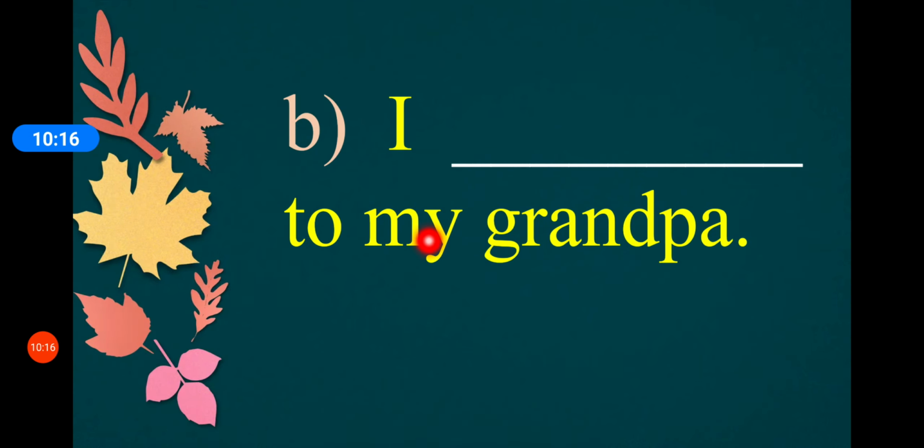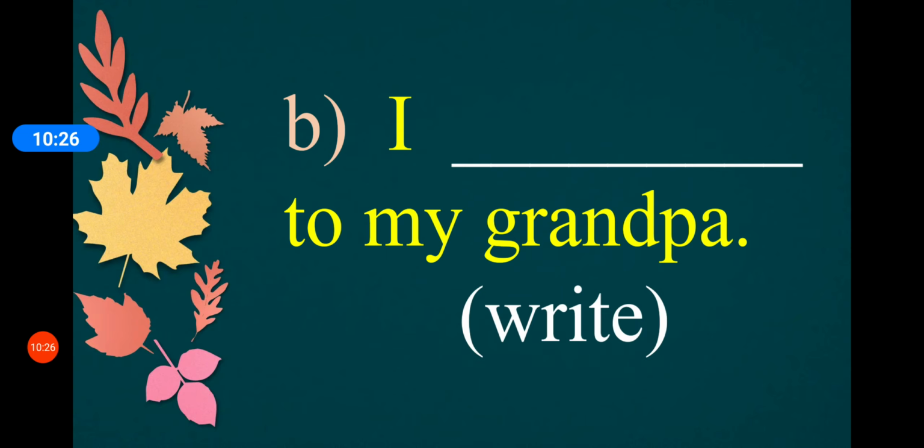Okay. The next one is I dash to my grandpa. And the verb that is given to us is write. So first of all, we have to take a note of the subject. The subject over here is I. So with I, which helping verb do we use? Very good. Am.